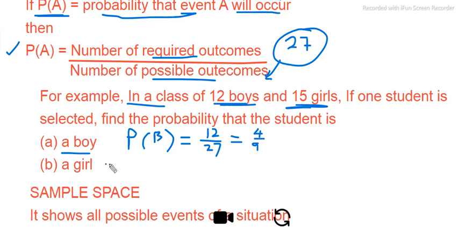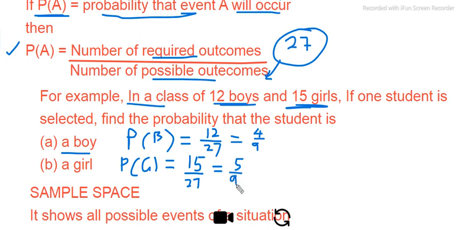Now the second question says, what is the probability that the student is a girl? Probability that the student is a girl will be equal to how many girls do we have in the class? We have 15 girls in the class over how many students in total? 27. So that's 15 over 27. When we reduce this, we have 5 over 9.